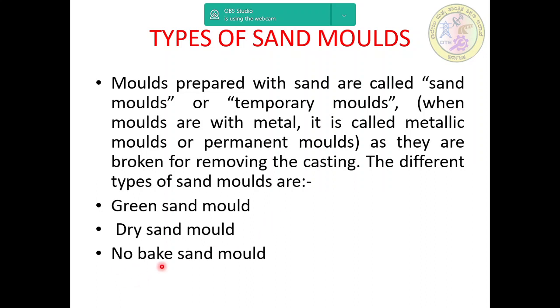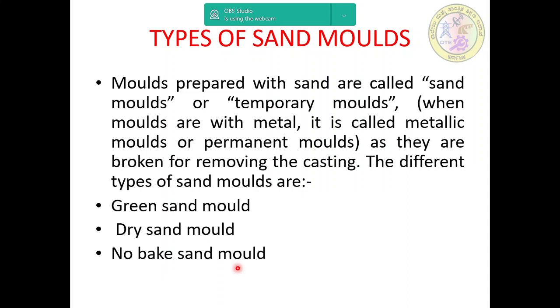And then the last type is the no bake sand mold. Here a no bake mold, also called a self-setting sand mold, is one that does not require baking. The main ingredients are base sand and binder, that is a resin type, and then you have to add some hardener and a catalyst or an accelerator.